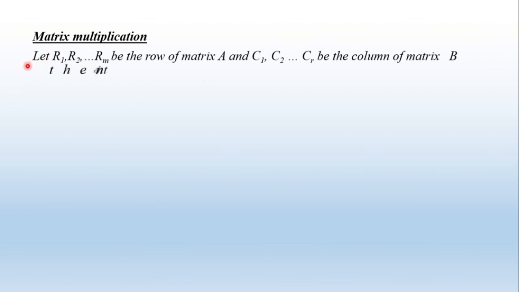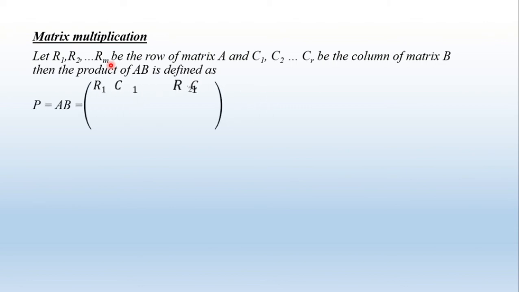Let r1, r2, ..., rm be the rows of a matrix A, and c1, c2, up to cr be the columns of matrix B. Then the product AB is defined as follows. Here the columns of B and rows of A are given.